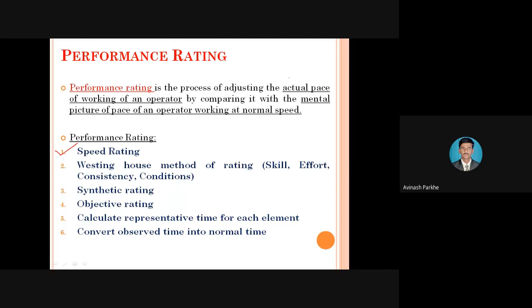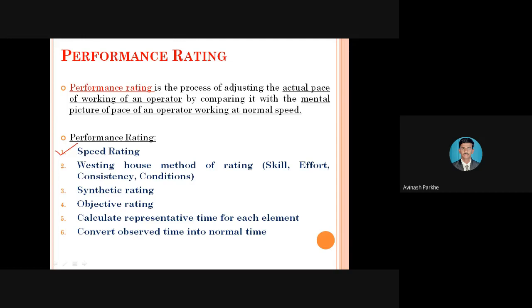Okay, and sometimes whenever we are working on any type of machine, a second person, the observer, is there. The operator is the one person who is performing the job on that machine, and the second person is also available near your machine, who is called the observer, or the time study engineer. So what is the role of that time study engineer?